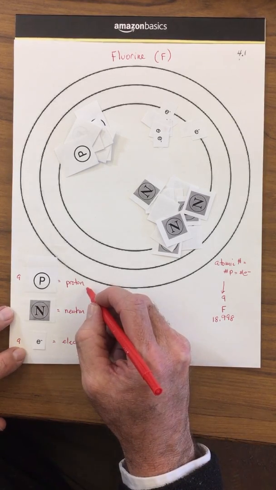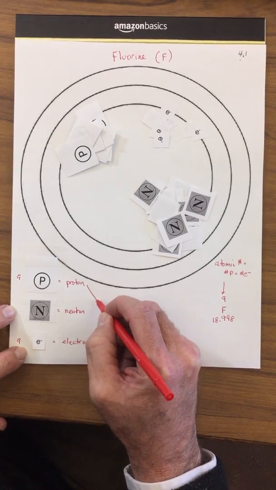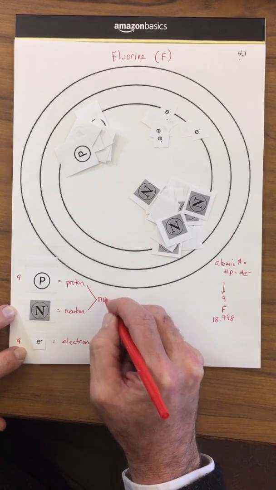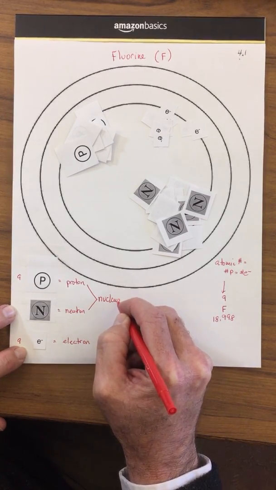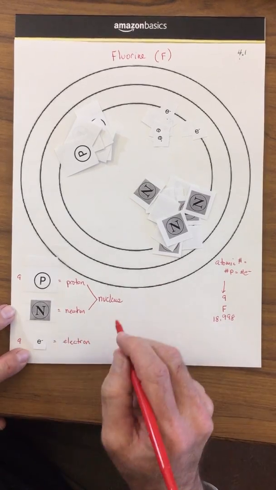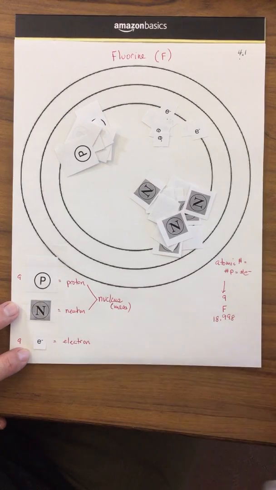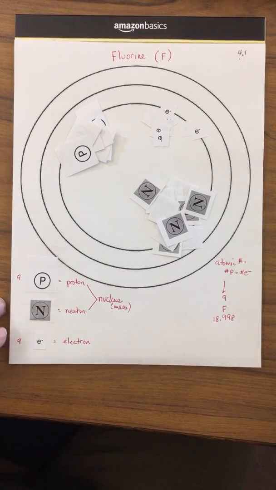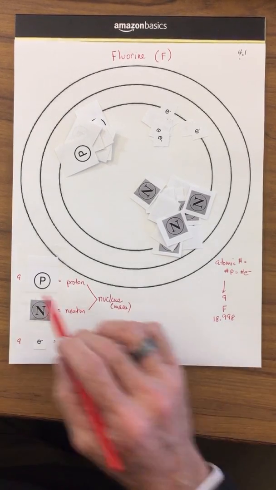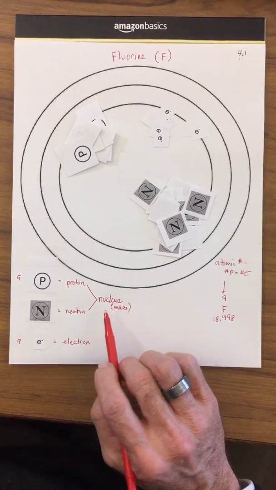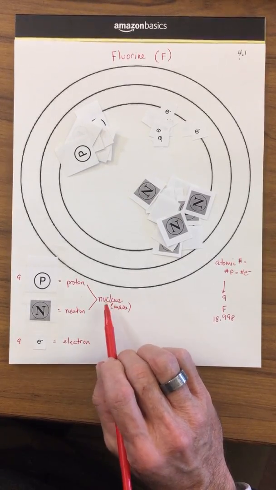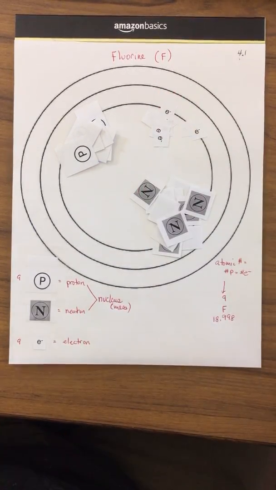Now, if you remember, the protons and the neutrons, these are found inside the nucleus. And it's this that gives us the mass of the atom. The subatomic particles of the protons and the neutrons give the atom its mass, and those are found on the inside, and that is called the nucleus.